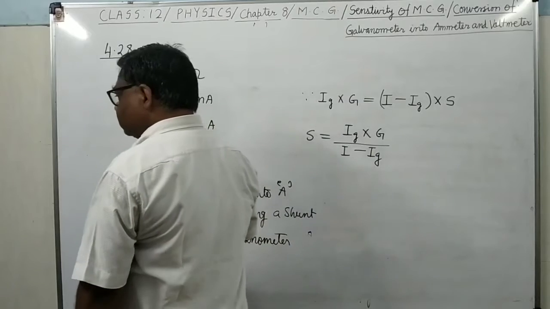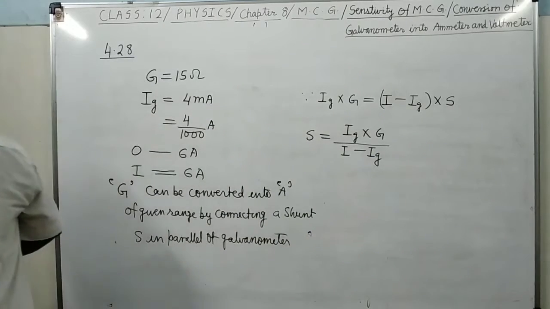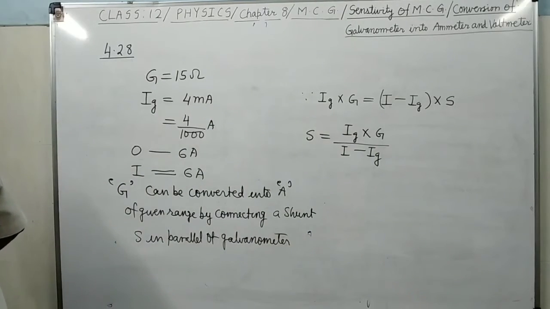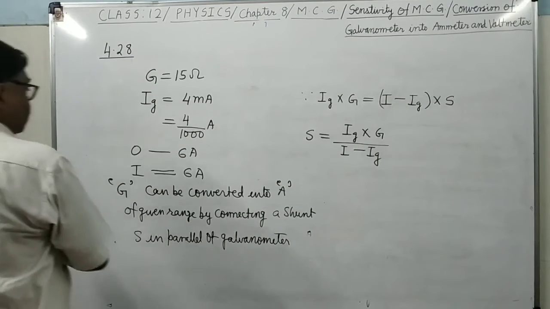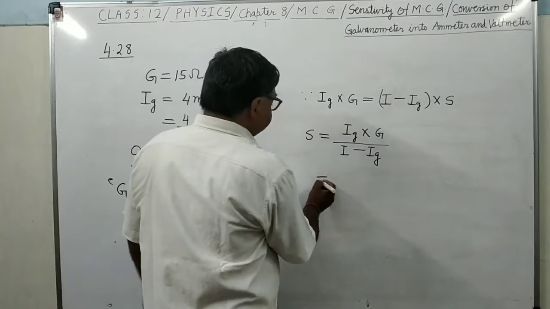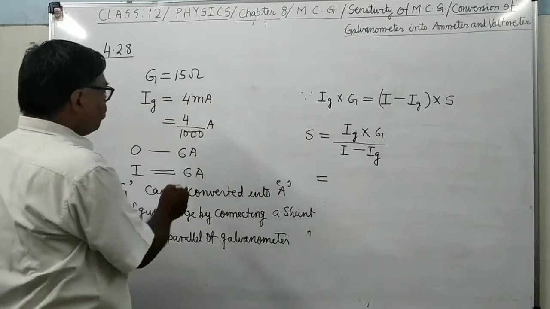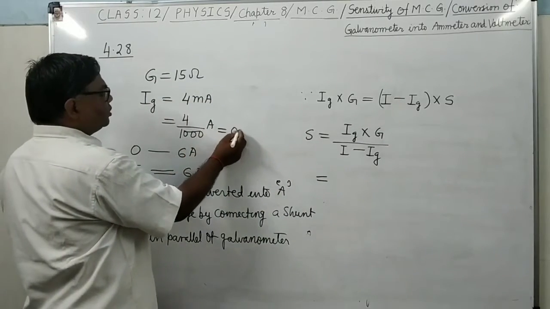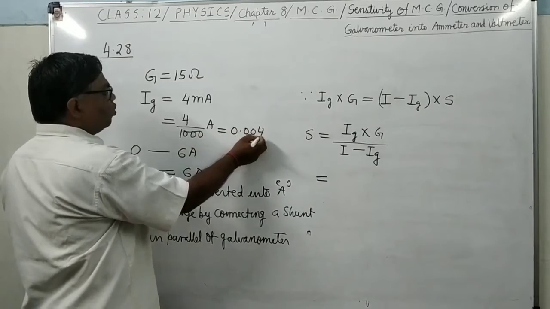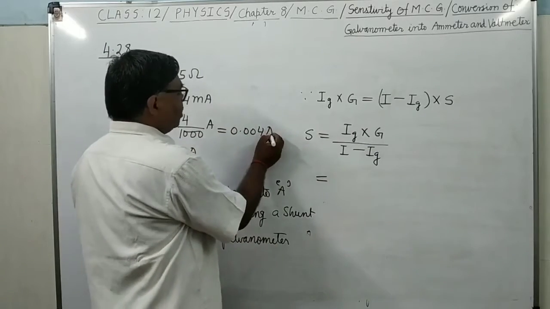Where is the calculator? You can see here Ig is 4/1000, that is 0.004 ampere.